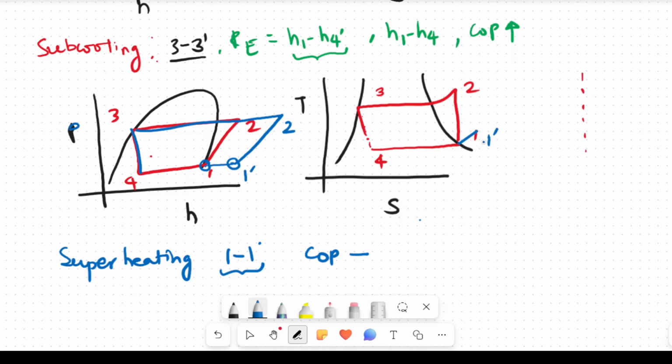So this is 1 dash. This is 1. Here it is 2 dash, and here it is 2 double dash. If I keep everything common, this will be the cycle. On the TS diagram, it will look different. So 1 to 1 dash is the increase in the temperature of the refrigerant after the evaporator.